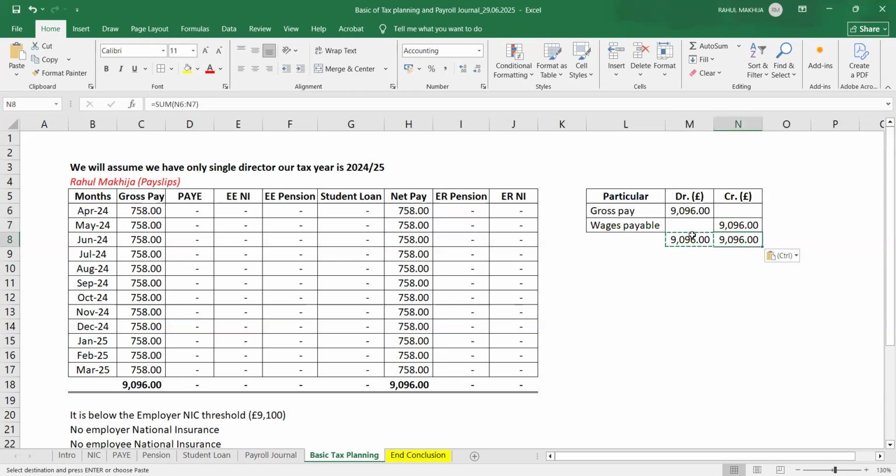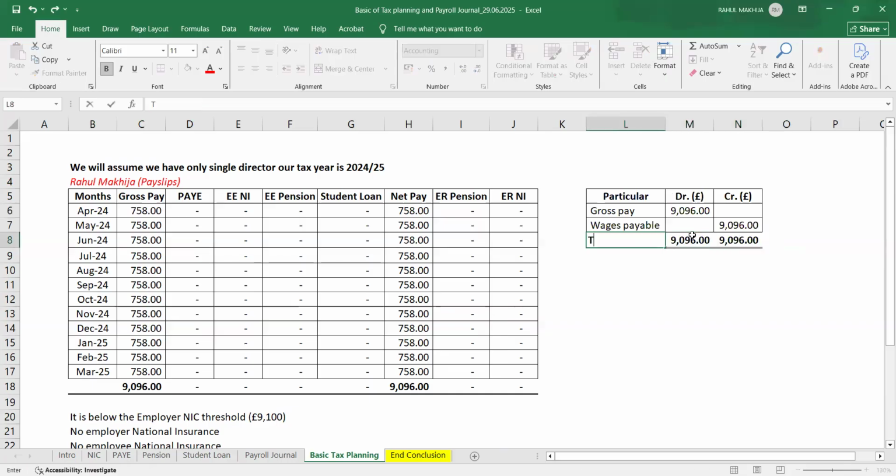So here in this case, firstly, we are withdrawing a salary for the year of 9,096. We do get a personal allowance of 12,570 pounds.